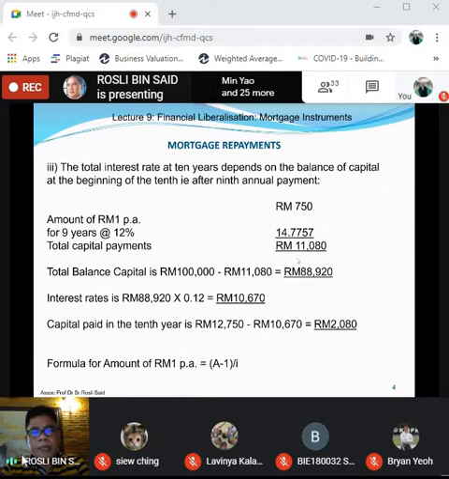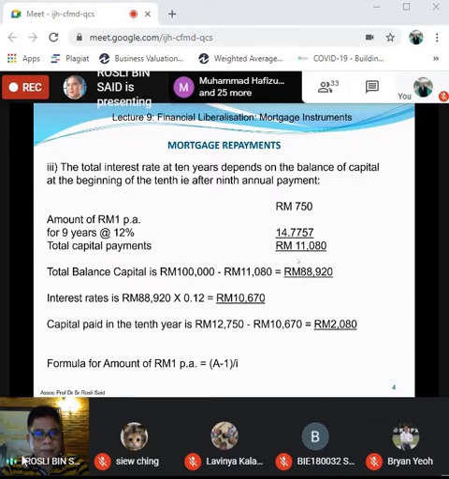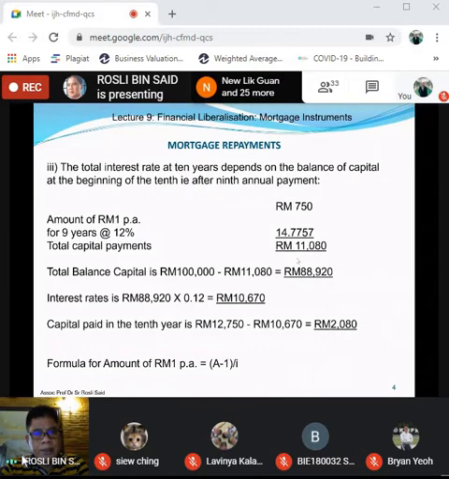So the amount of 1 ringgit per annum will actually be used for this calculation. So we use 750 as the capital, the first capital that we are going to pay for this mortgage. And then we multiply by the amount of 1 ringgit per annum for 9 years at 12%, which is 14.7757.